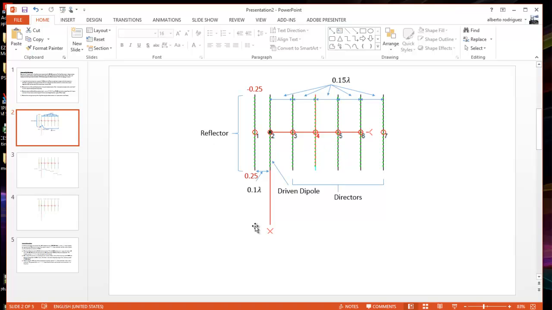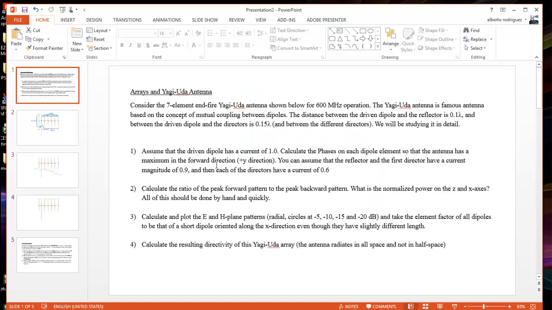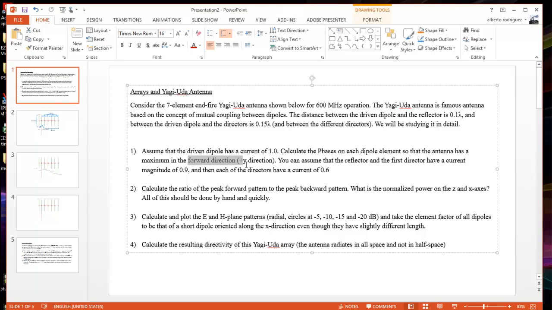Another thing to mention here is that they say the beam pattern has its maximum along the axis. Another key point, just in terms of getting the right geometry: the antenna has a maximum in the forward direction, the y direction, meaning the beam pattern of the antenna is pointing in the positive y direction.